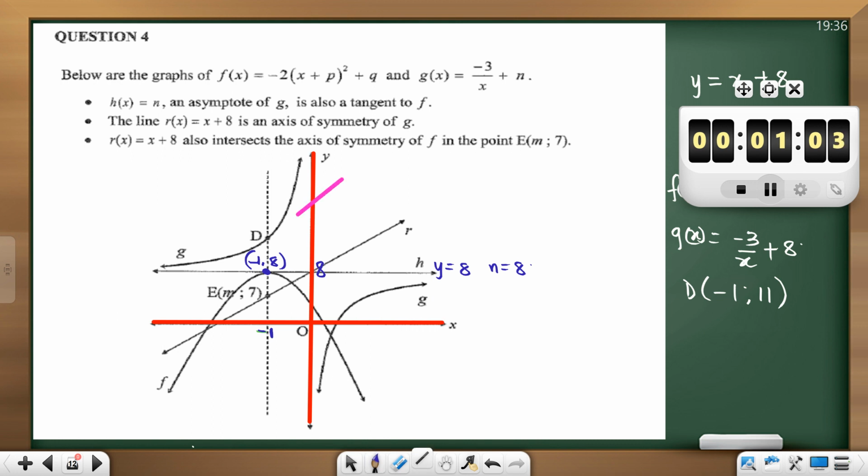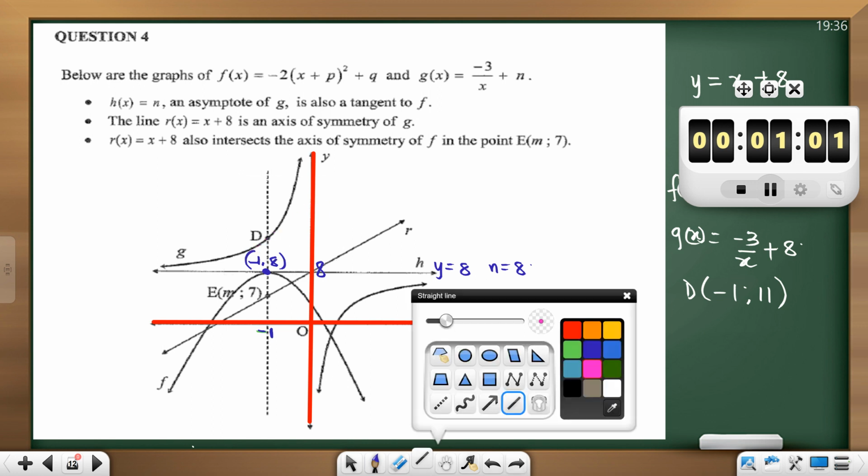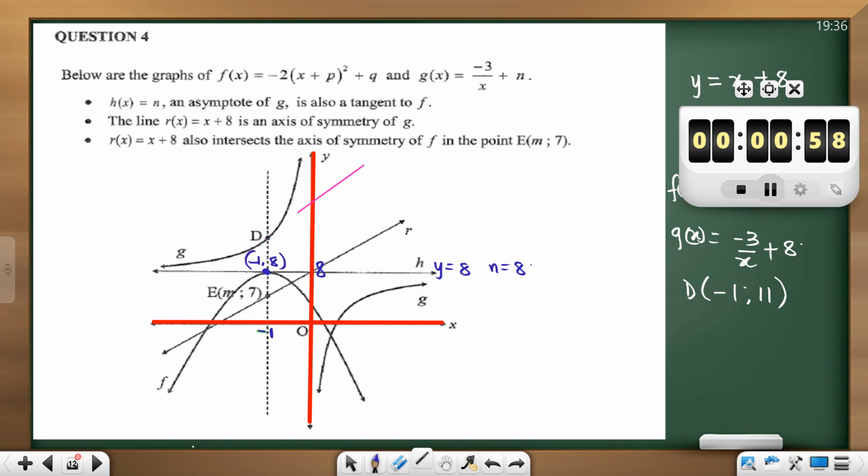It's a tangent at D. Yeah, the equation of that line.